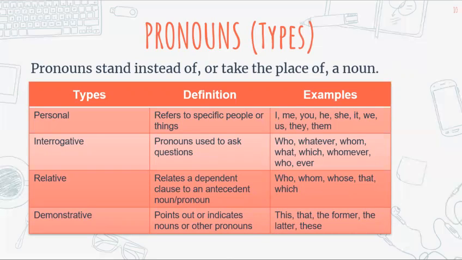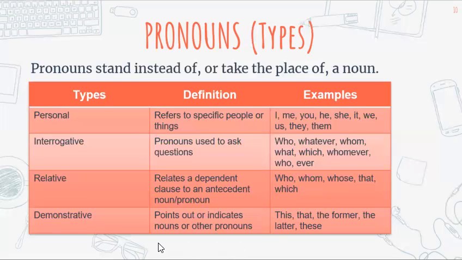Relative pronouns relate a dependent clause to an antecedent noun or pronoun. The antecedent is the noun or pronoun that another pronoun refers to. For example, the man who killed her is the one that I saw. Here, who would be the relative pronoun.